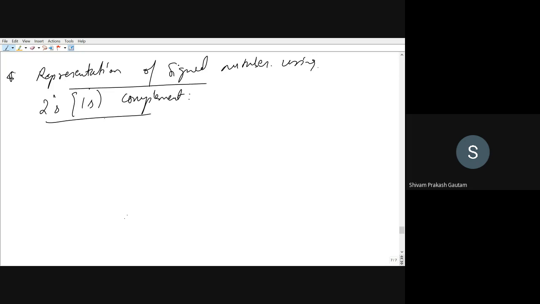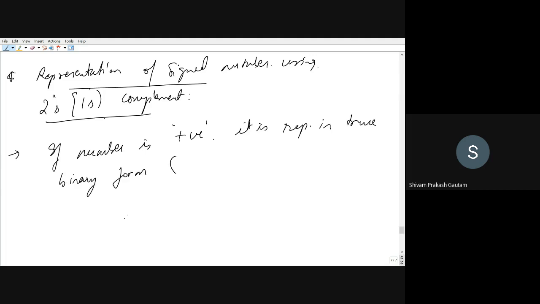Sign magnitude form we have already seen. If the number is positive, it is represented in true binary form, and sign bit 0 is placed in front of the MSB, the most significant bit.